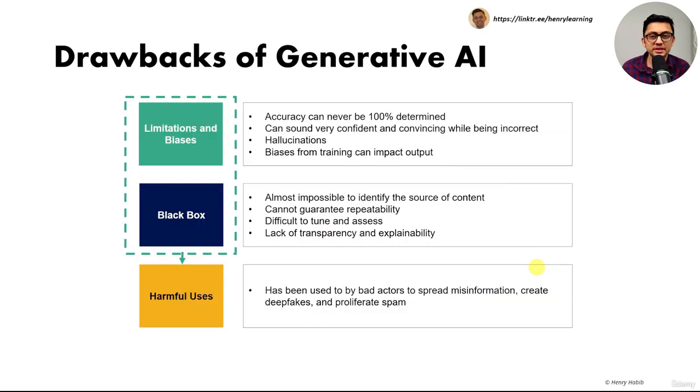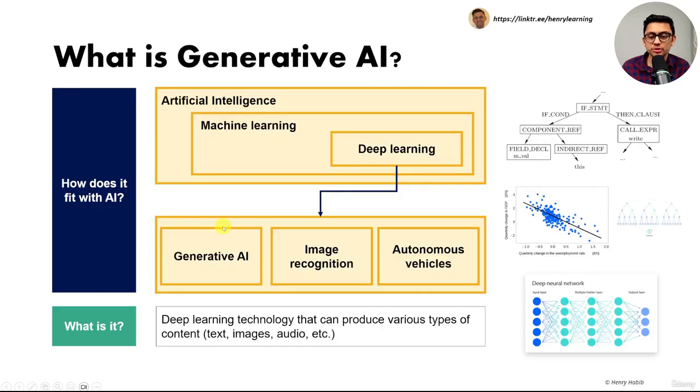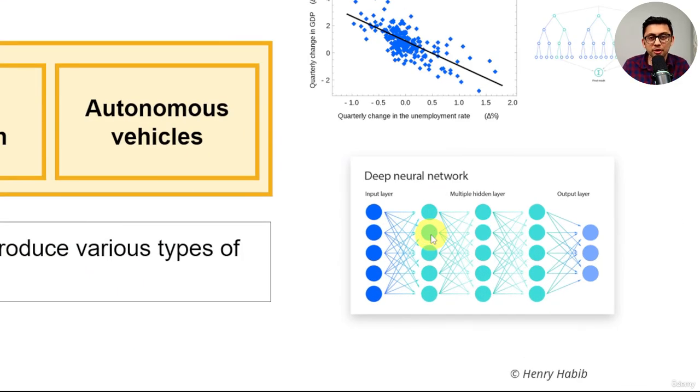Okay. There are obviously lots of drawbacks to generative AI. One of the big ones is it's a black box. I put it second here, but that is a big, big limitation that we've already spoken about. Because we're using neural networks, it blurs the lines between how you get from input to output. You can feed an input, you can see what comes out the other side, but you don't know what's going on in its brain. It's very, very difficult to ascertain.